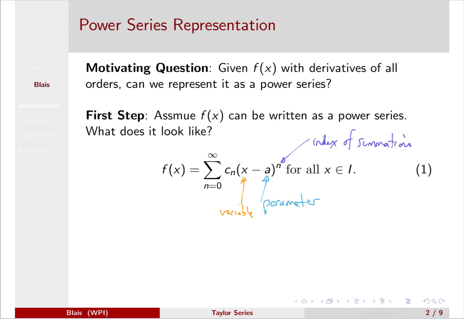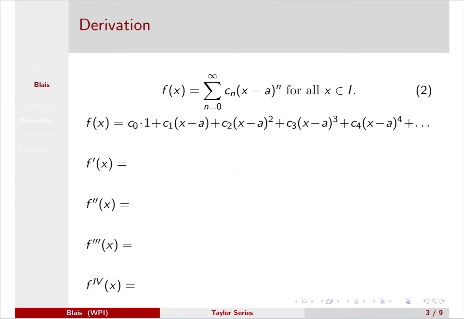That leaves one term, c sub n. So this we must solve for. If we can solve for c sub n, then we will have found a power series representation for f of x. So let's look at that and actually derive what c sub n should be.